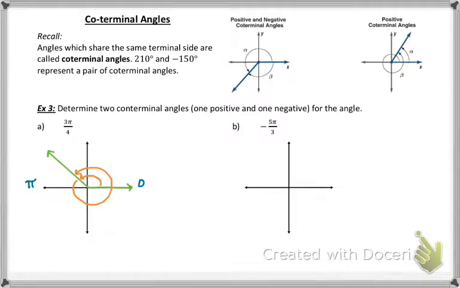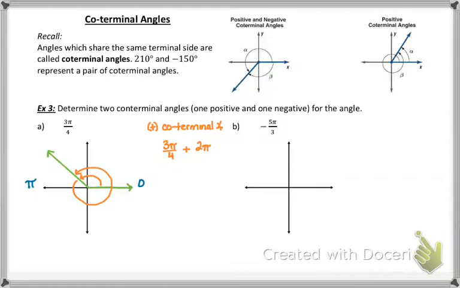So to find a positive coterminal angle, I'm going to take 3/4 of pi radians, and I'm going to add one full circle, which in degrees is 360 degrees, but one circle in radians is 2 pi radians, because 1 pi is a half circle, which is 180 degrees.